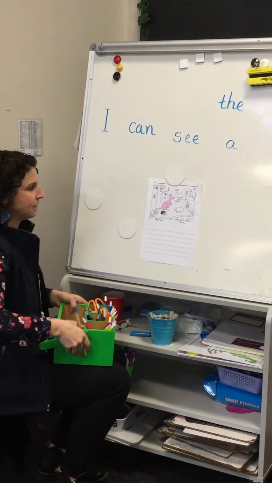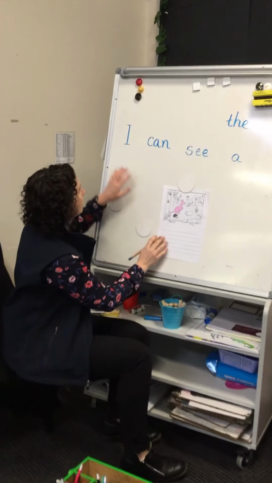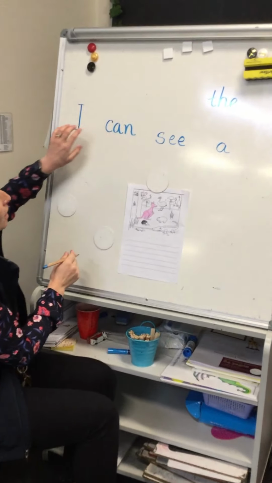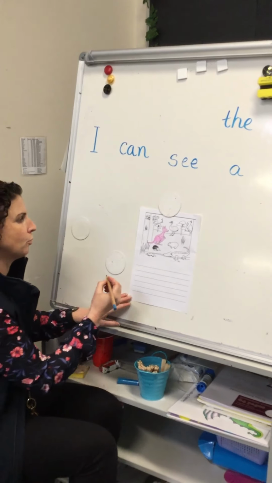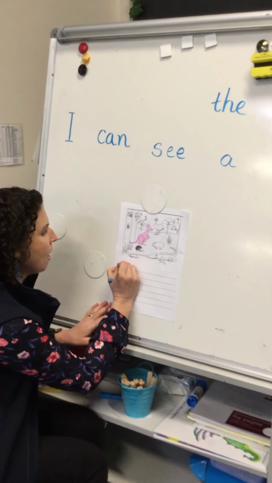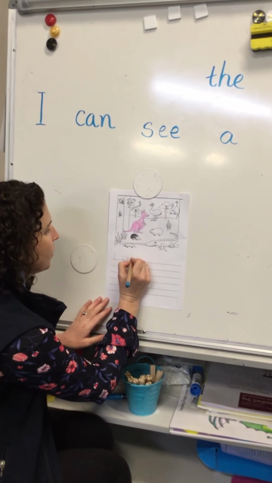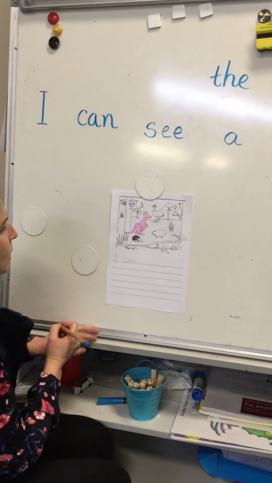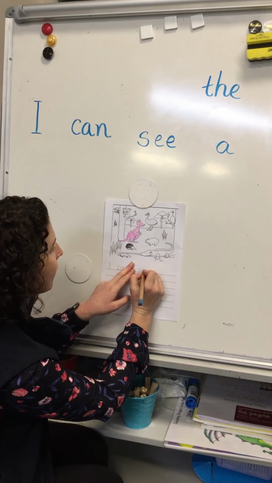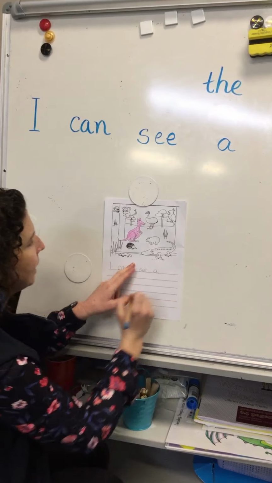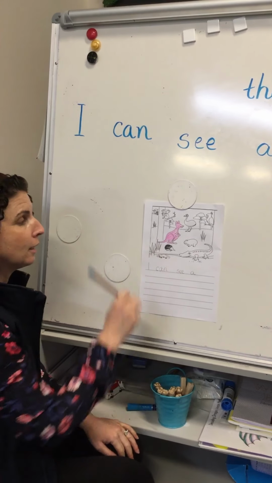I'll grab out my grey lead. And Miss Griffin, you might want to come in nice and close. So I'm going to think about my sentence starter, and you might like to get mum or dad or a big brother or sister to write that on a piece of paper for you to help you. I can, and you'll see that I've got finger spaces there. I can fit two fingers in between. I can see a kangaroo. Now you might like to write what colour you've coloured in.